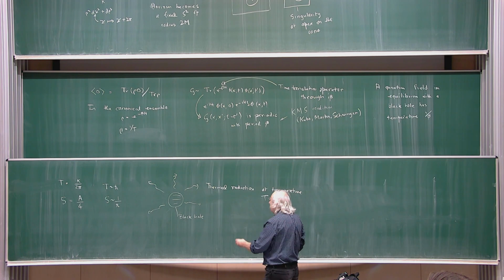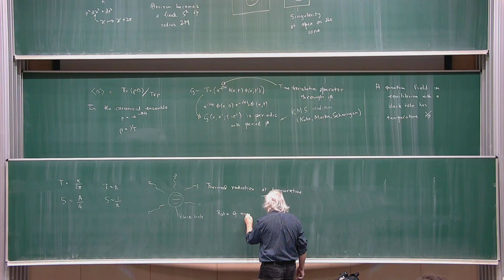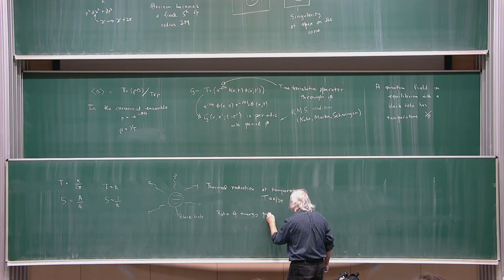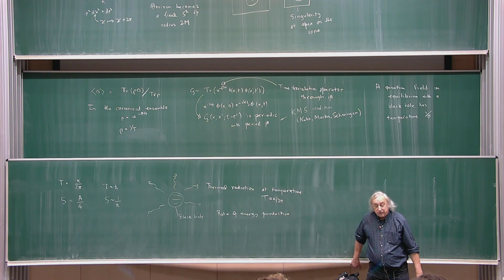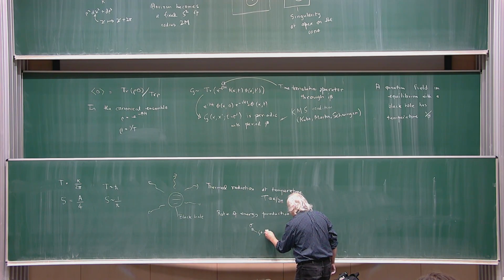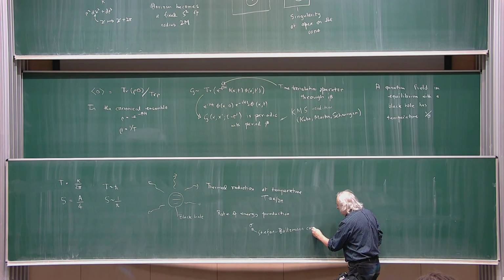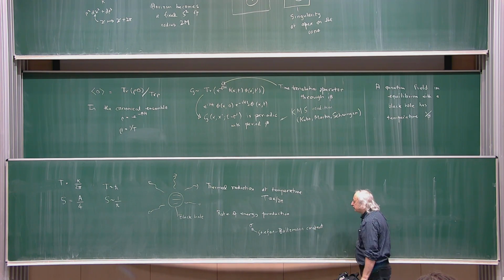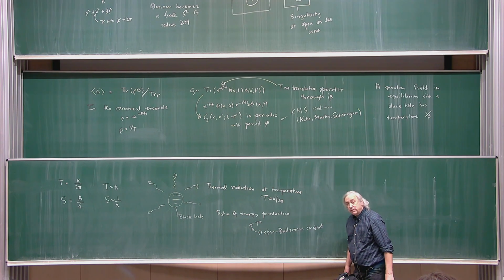Well, the rate of energy production is just going to be the Stefan-Boltzmann factor, sigma the Stefan-Boltzmann constant, times T to the 4th, then multiplied by the surface area.